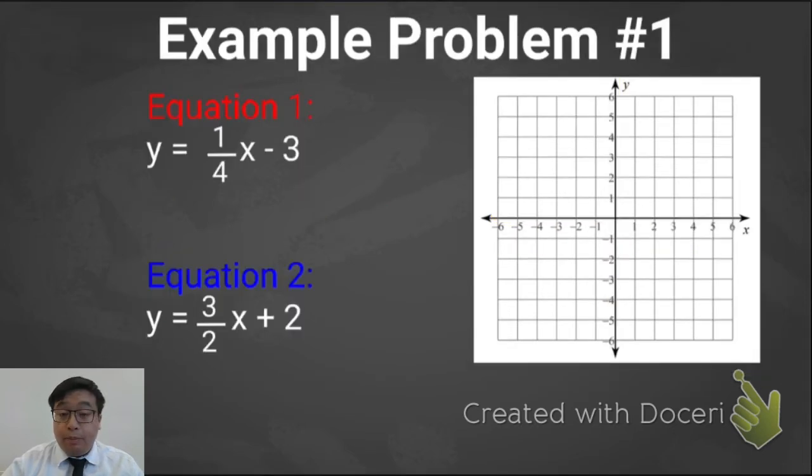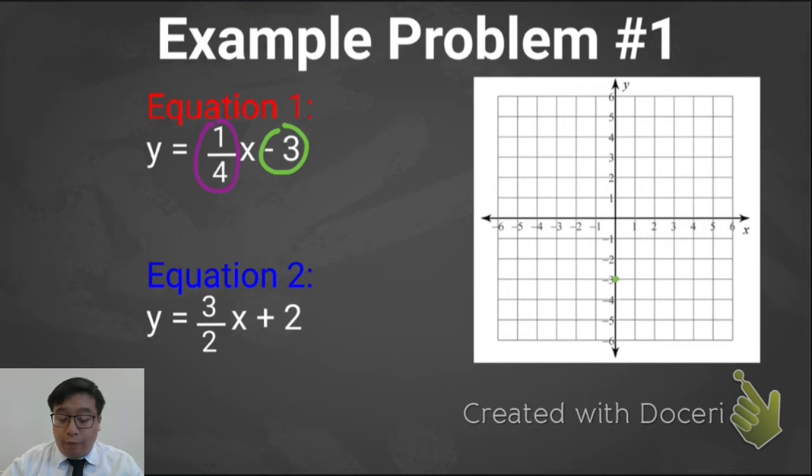Keeping all of this in mind, let's take a look at our first system. Again, this is a system because we're looking at two equations at the same time. Looking at our b value, where should my starting point be? Since my b value is -3, I'm going to move down 3 spots, 1, 2, 3. That's going to be the start of my graph. Now taking a look at my slope, which direction do I need to move to reach my next point?